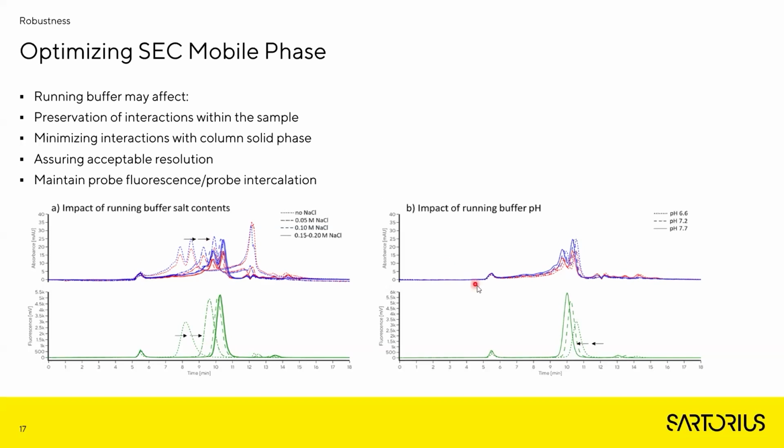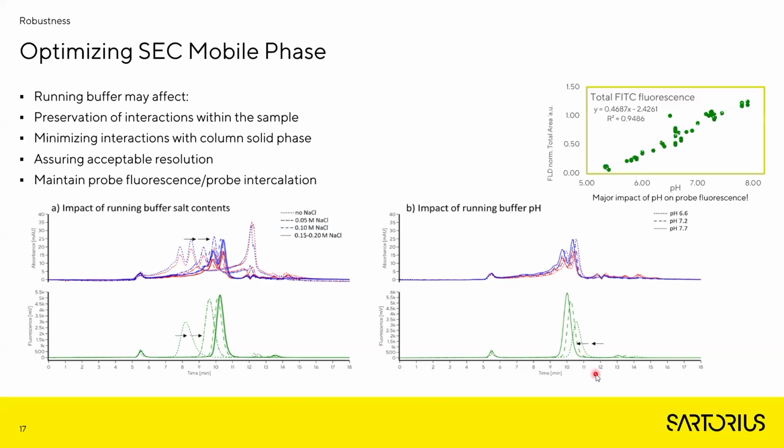The running buffer may also slightly change the retention time of components. In this particular case, we can observe that it also affects the fluorescence. When using fluorescent probes, it is really very important that this possible factor is also considered.